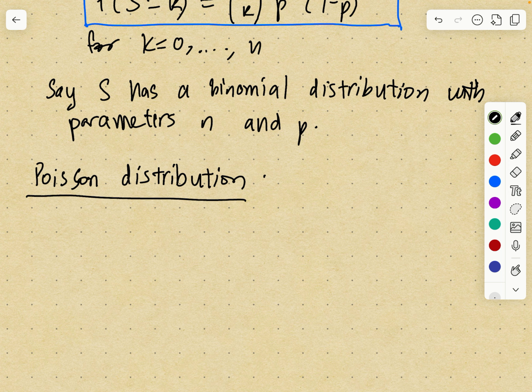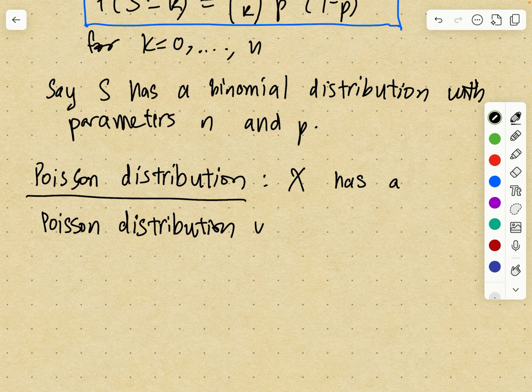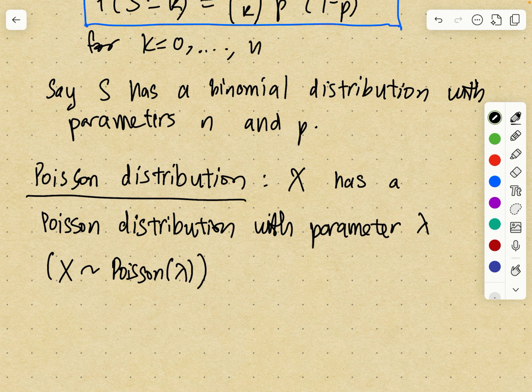We say that X, a discrete random variable, has a Poisson distribution with parameter lambda, and the abbreviation is X squiggle Poisson lambda, if the probability that X is k is e to the minus lambda, lambda to the k over k factorial.